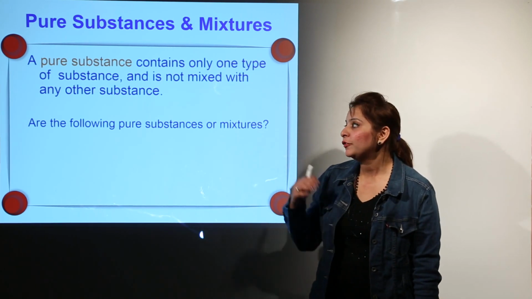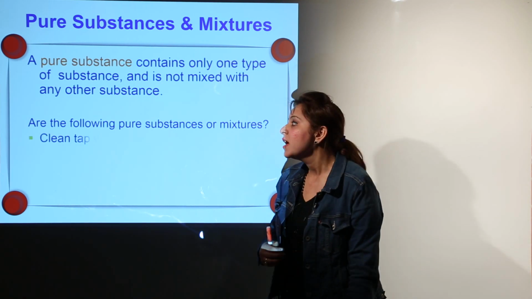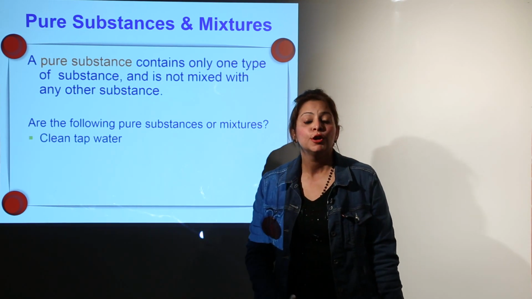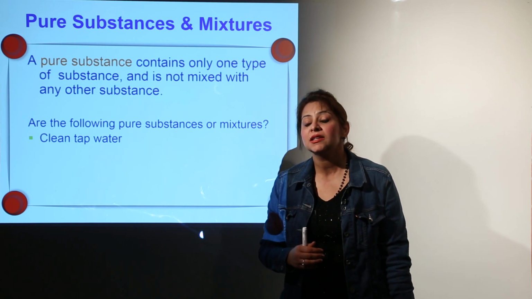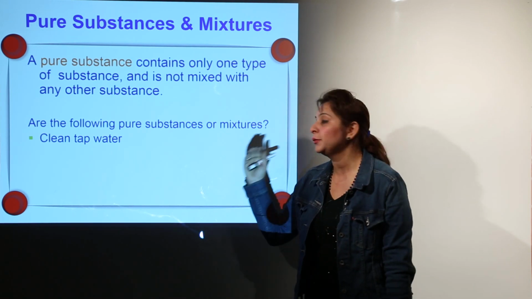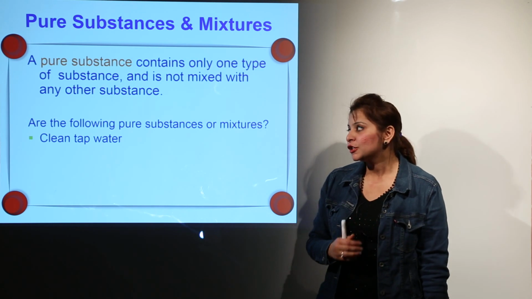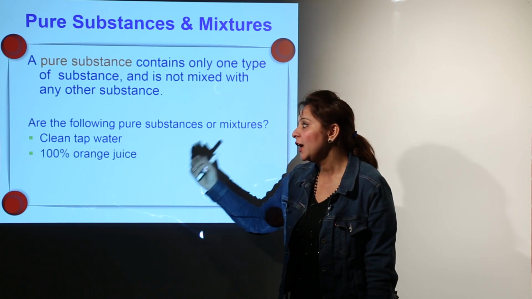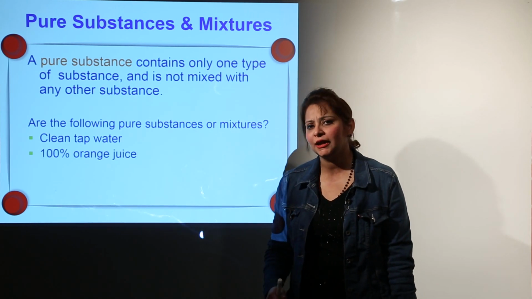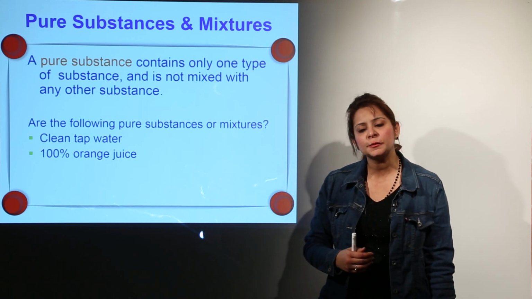The first question from my side to you is the clean tap water. Is the clean tap water which you get a mixture or a pure substance? What do you think? The second question is 100% orange juice. Is it a mixture or a pure substance?